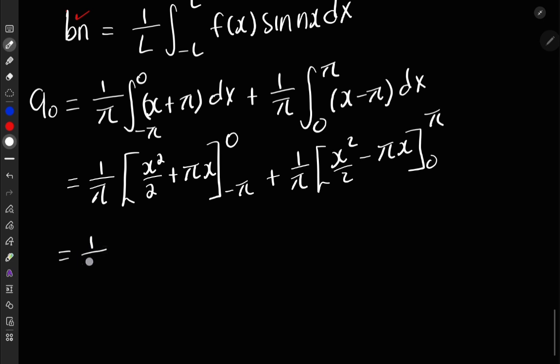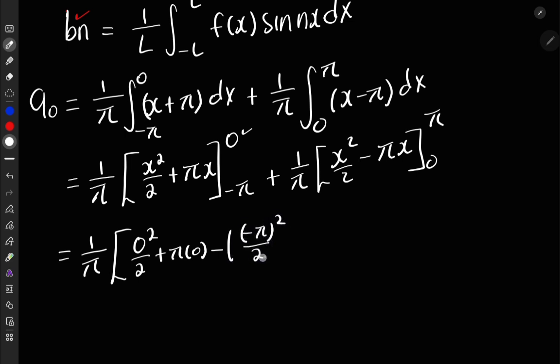Then 1 over pi into, you're going to start by substituting the upper limit, which is 0 squared over 2 plus pi times 0, minus, substituting the lower limit, minus pi squared over 2 plus pi times minus pi.